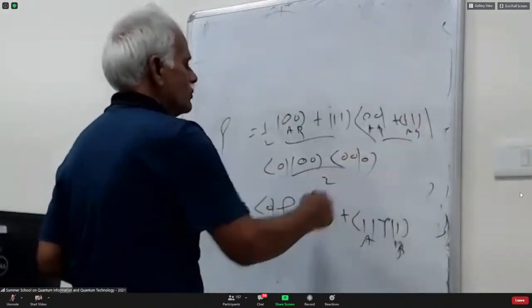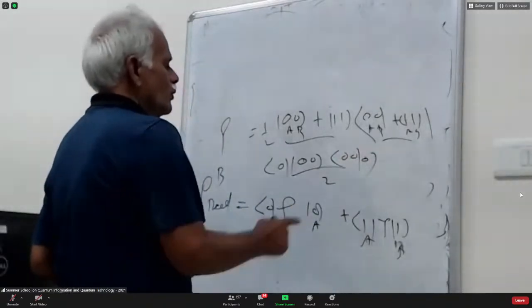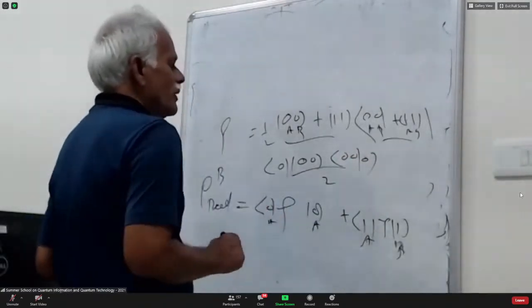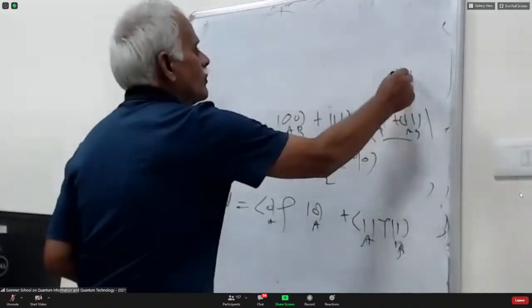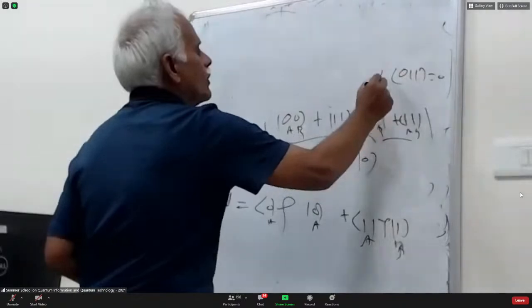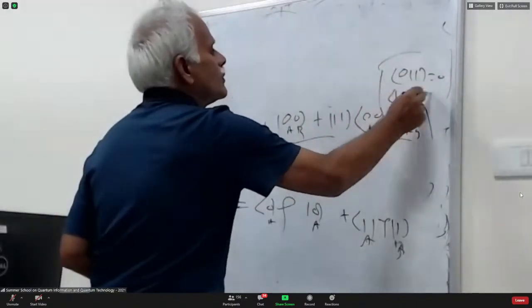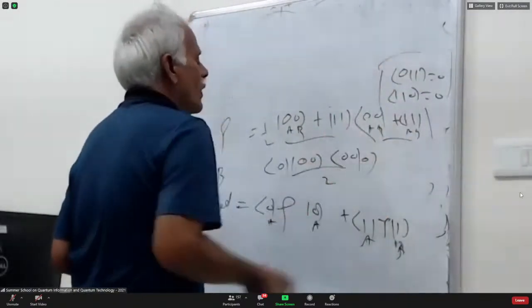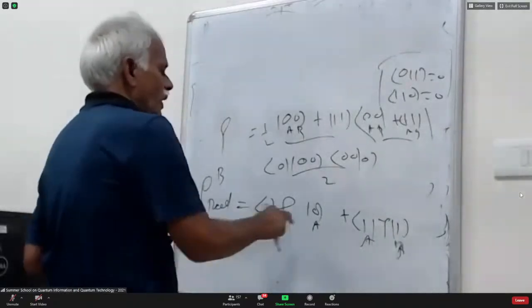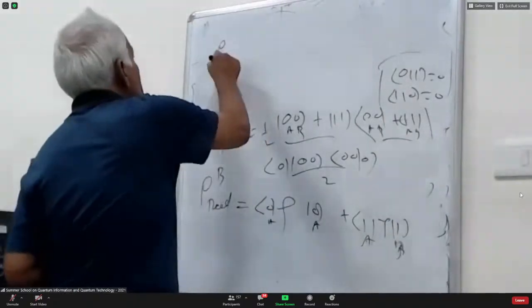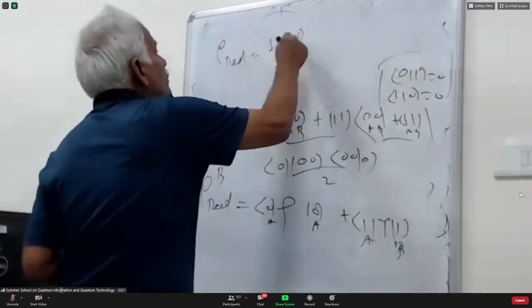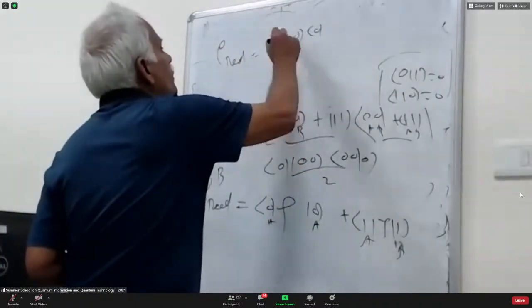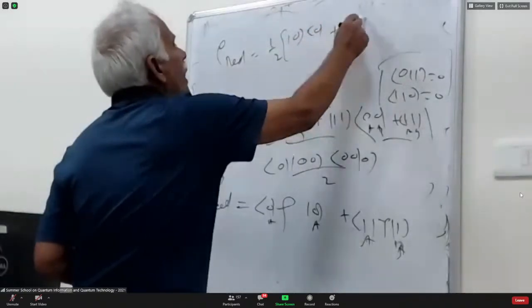All the others will be 0. You convince yourself that the only terms that survive, because of orthogonality, are these, and the others will be 0. So the first term will give me 1 half |0><0|. The other term will give me 1 half |1><1|.